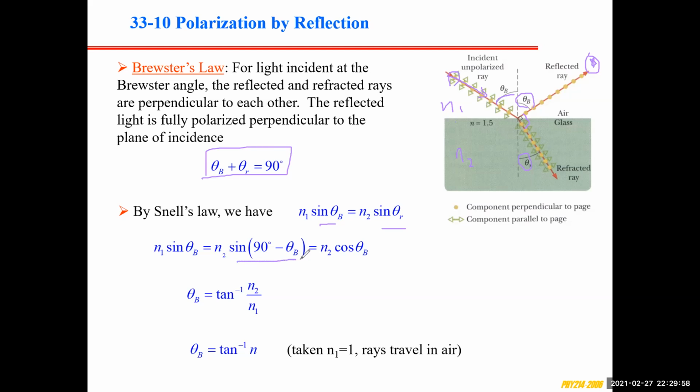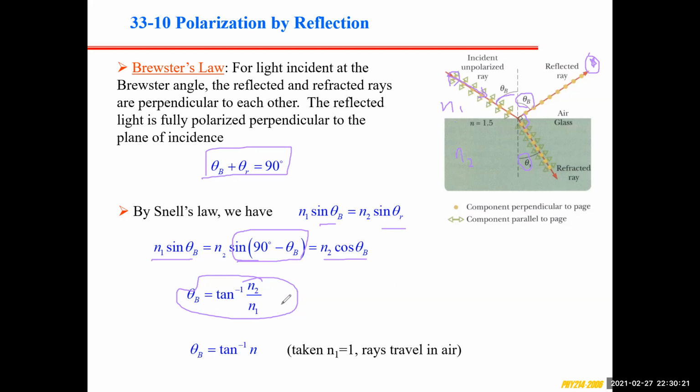What is the sine of this? This will give you cosine theta b. So n1 sine theta b is equal to n2 cosine theta b. When you rearrange this, you'll find that theta b is the inverse tangent of n2 over n1.